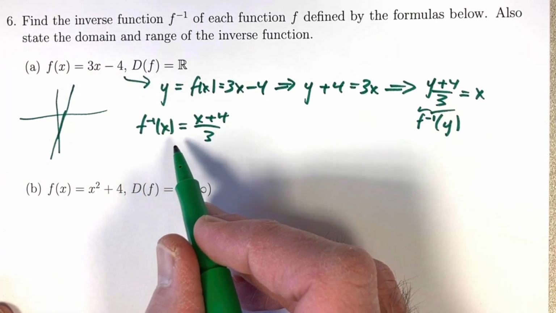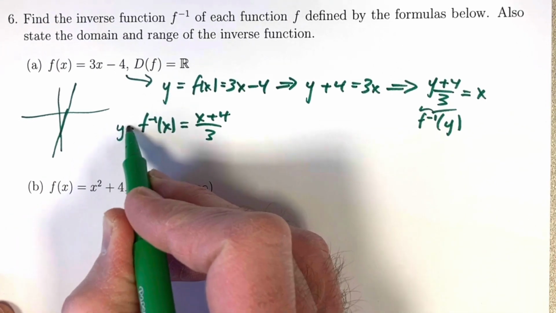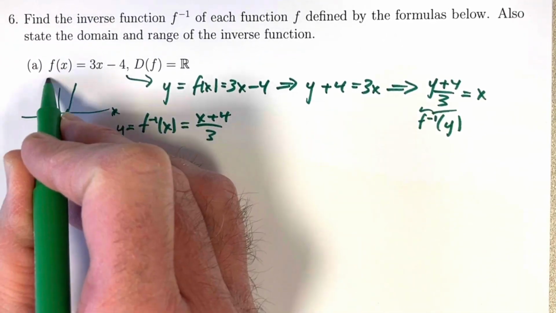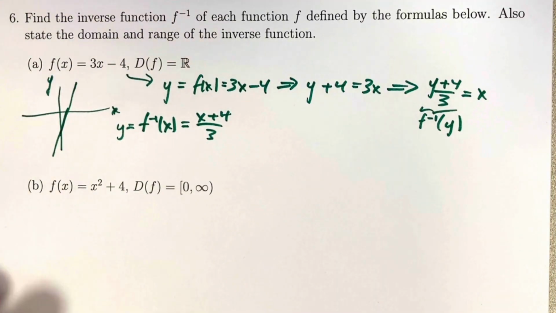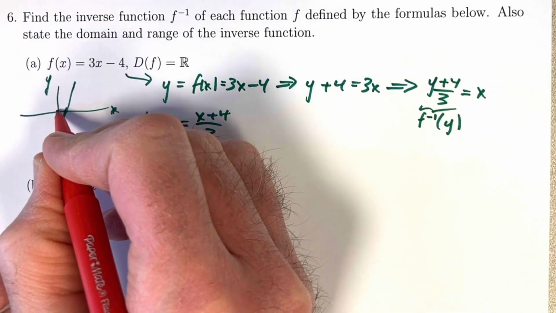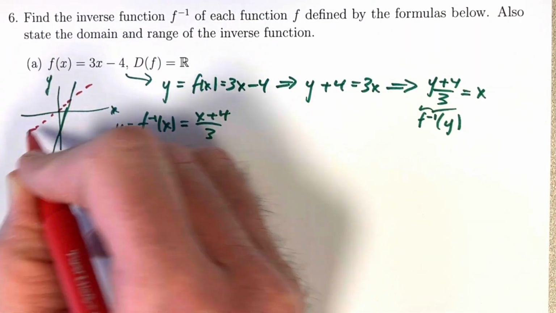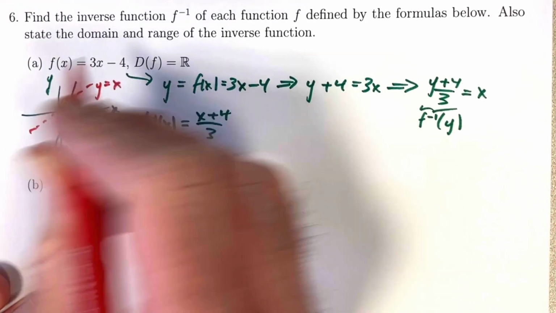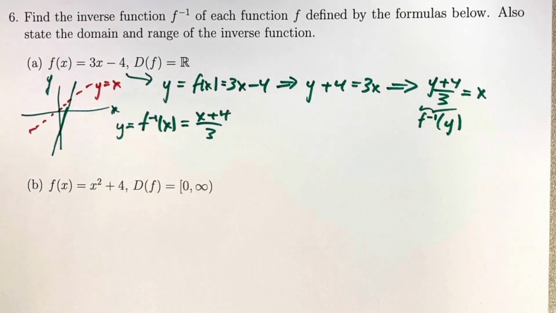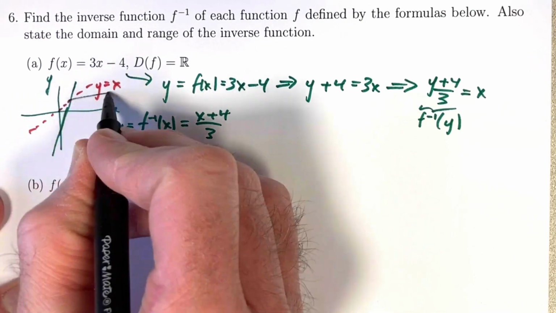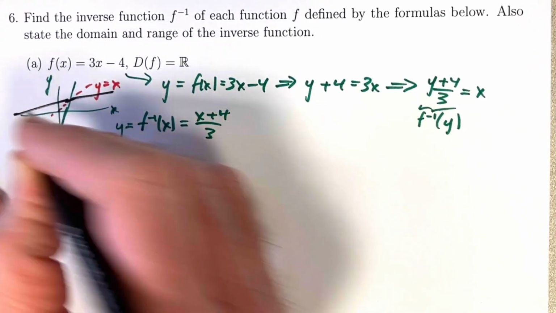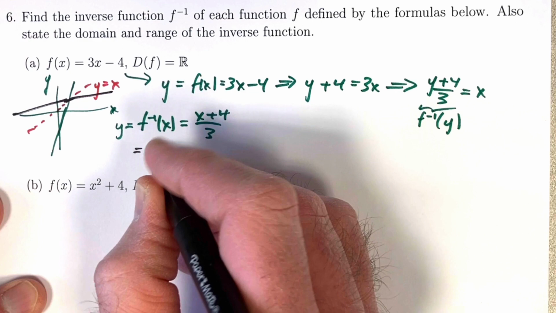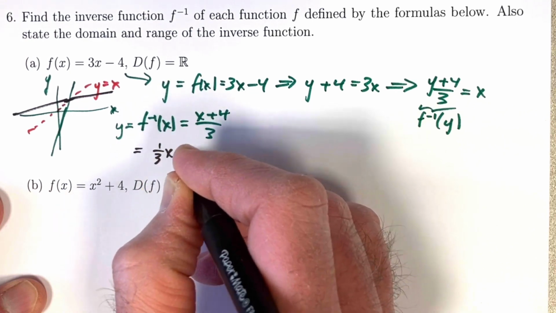Another reason is that when you do the swapping and call the output of this y and graph it in the xy plane, it's got a nice property that the graph of this inverse function is the reflection of the original graph across the line y equals x. So the graph of the inverse function would look about like this. You can rewrite this in slope-intercept form as 1/3 x plus 4/3.